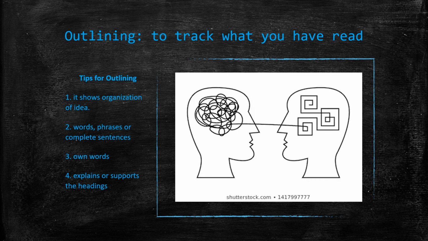Second, use either words, phrases, or complete sentences, whichever is easier for you. Third, use your own words and don't write too much. And fourth, pay attention to headings. Be sure that all the information you place underneath a heading explains or supports that heading.